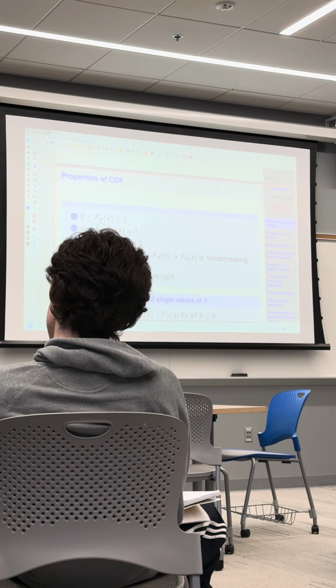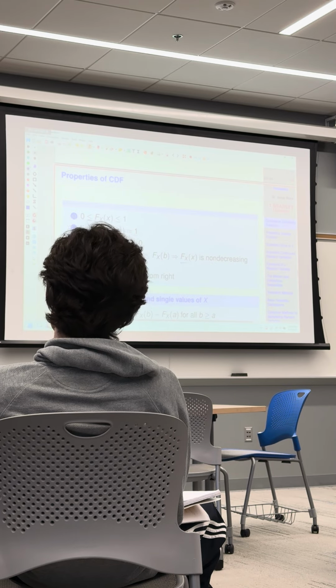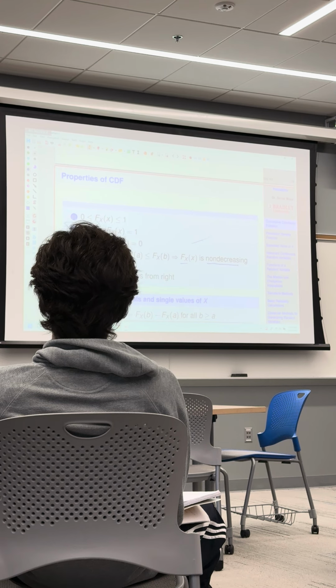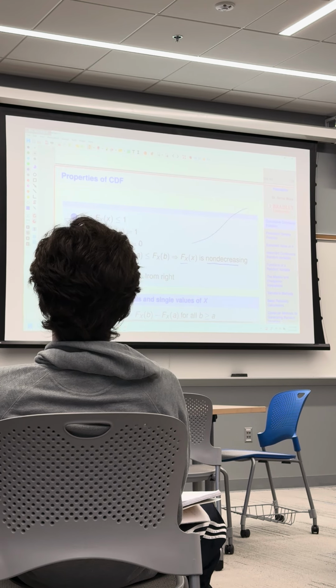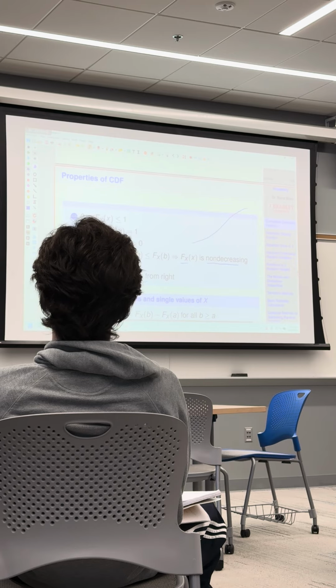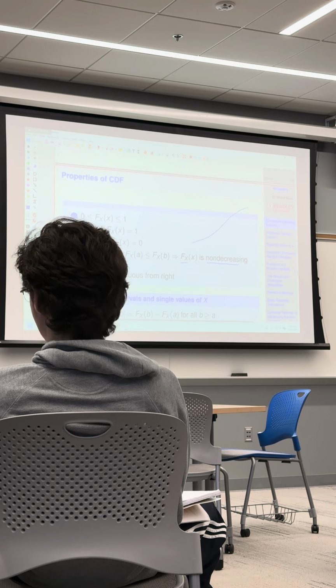And therefore f of x is a non-decreasing function. It will keep growing, but it will not come down. So the slope is going to be positive all the time. Okay. So f of x is a non-decreasing function, and f of x is continuous from right.